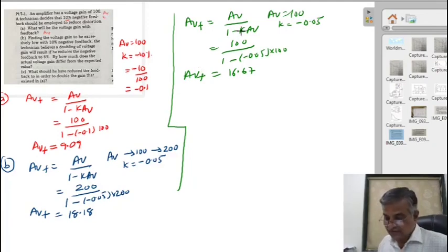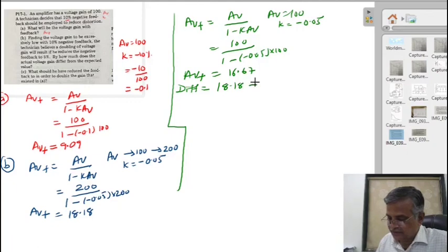Means the basic gain is 100. K, how much are you giving now the second time? 5%. So what should be the actual voltage gain? 16.67. Okay. So how much does this differ from the expected one? Difference is nothing but 18.18 minus 16.67. So it is your 1.51.